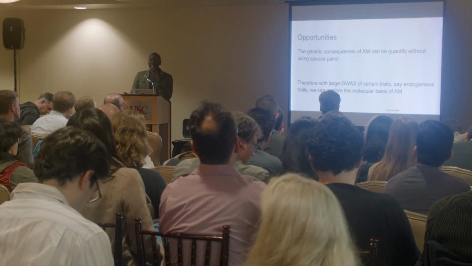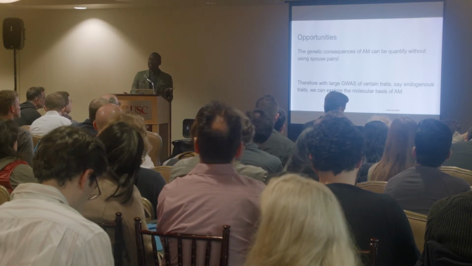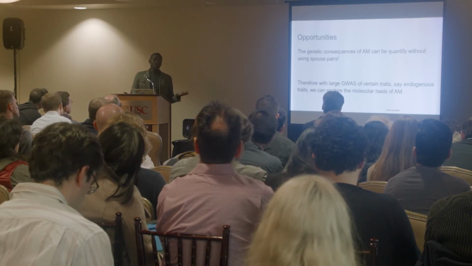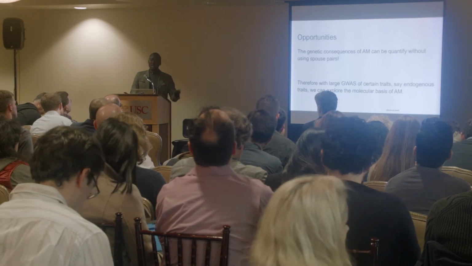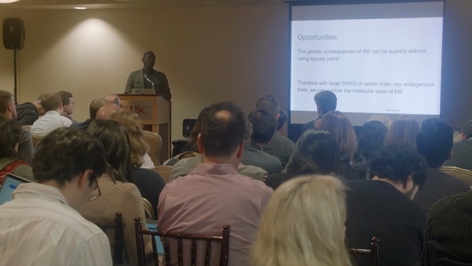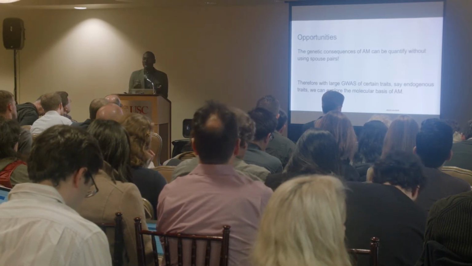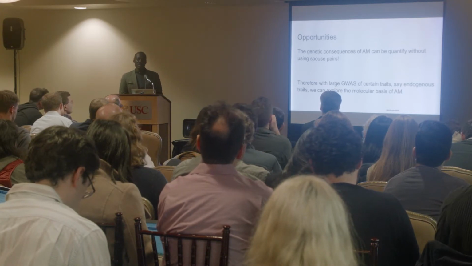And for those things, it's likely that, over the years, we will have very large GWASs for many traits. With a method like that, we can, without any a priori, try to interrogate whether there is any similarity between spouses for things that we haven't measured in most of the studies where we have actually observed the spouses.